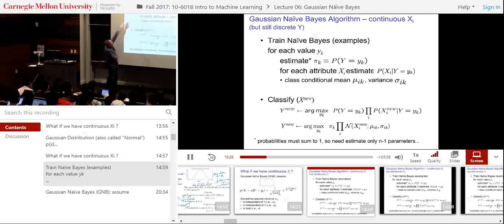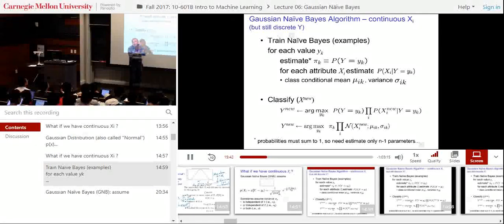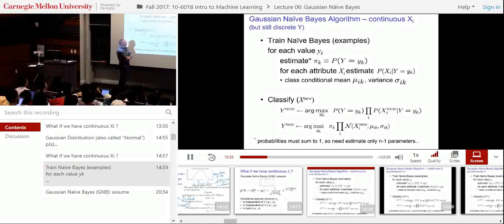So during the training period, for each value that y can take on, say 0 or 1, y is still discrete. We now have to estimate the prior that y will take on its value, just as we did when we predicted who would live in Squirrel Hill. We had to get the prior probability that y would be 0 or 1, that you would live in Squirrel Hill or not.